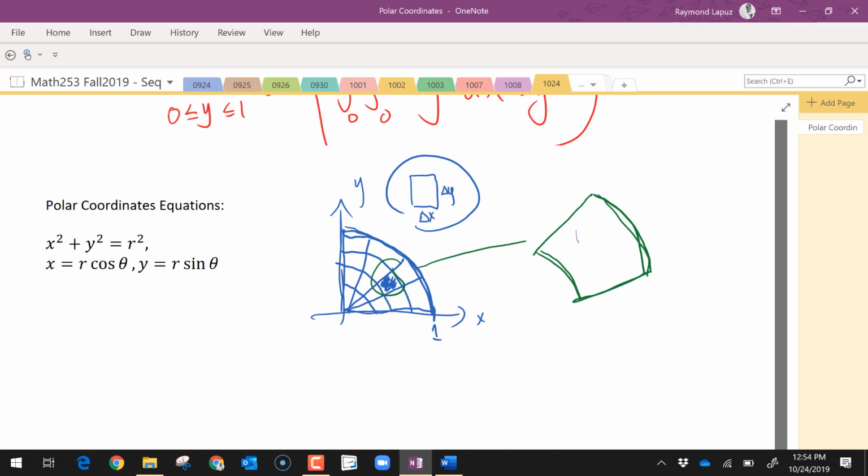So should it be just theta over 2 pi times pi r squared, which is r squared times 1/2 theta? Okay.